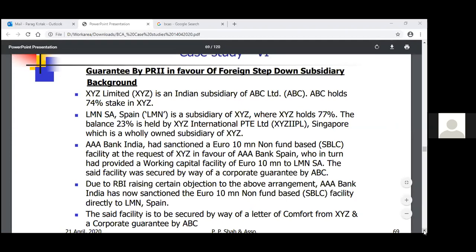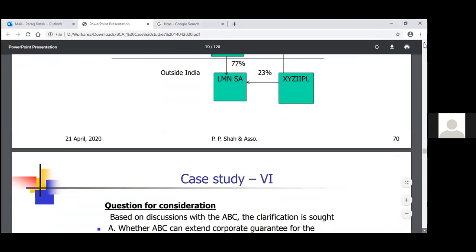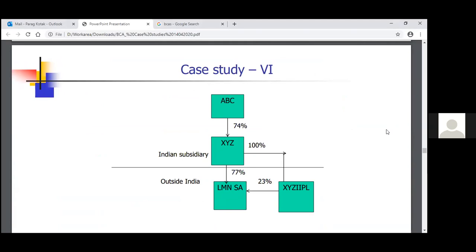Parag, next slide, please. Yes, that pictorial chart. So ABC holds 74% in XYZ, and XYZ holds 77% in LMNSA, and XYZ through XYZ IIPL Singapore also holds 23% in LMNSA.